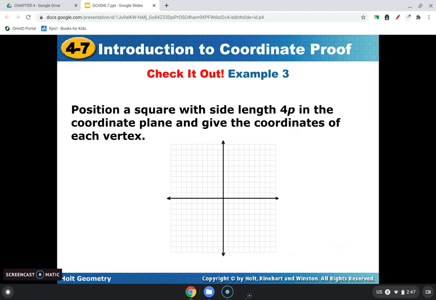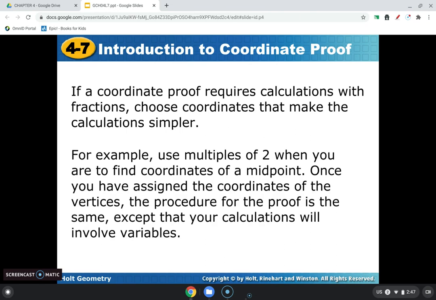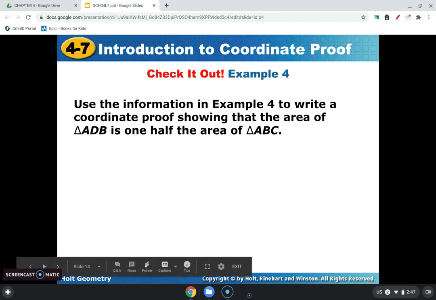If a coordinate proof requires calculations with fractions, choose coordinates that make it simpler. Use multiples of 2 when you're using midpoint. That way, when you divide by 2, it comes out with nice, neat numbers for you.